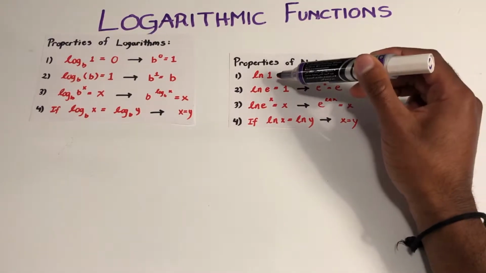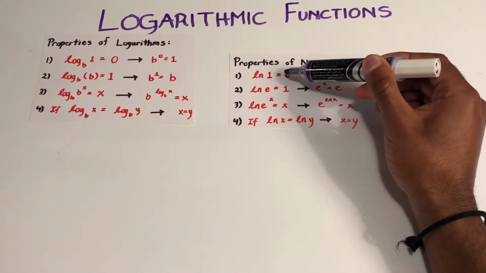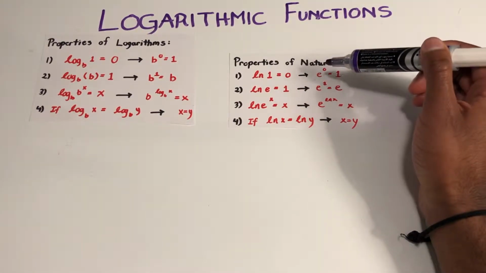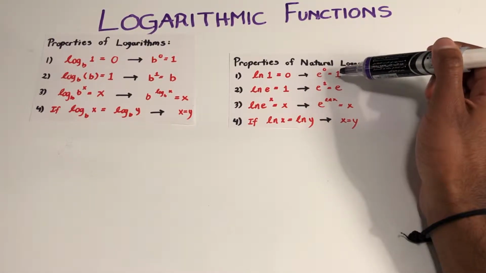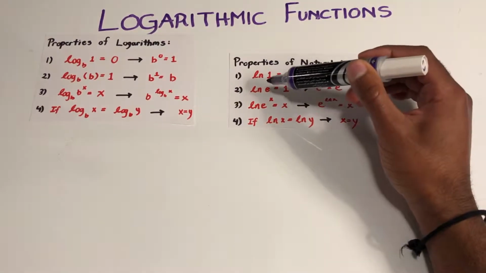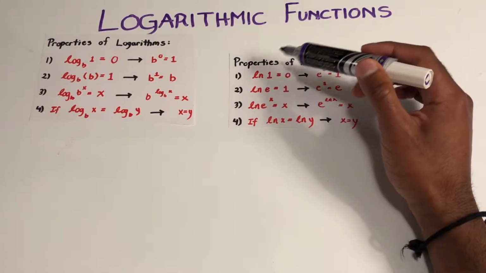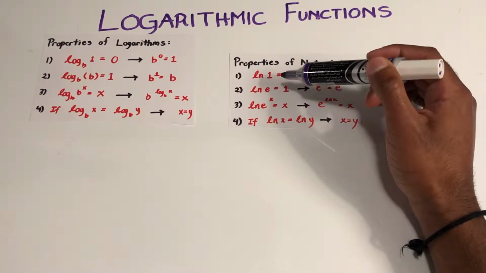So basically I'm saying that e to the power of 0 is going to give us 1, which is correct. Well, anything to the power of 0 is going to give you 1. However, it's good to keep that in mind, just so that you can avoid confusion.